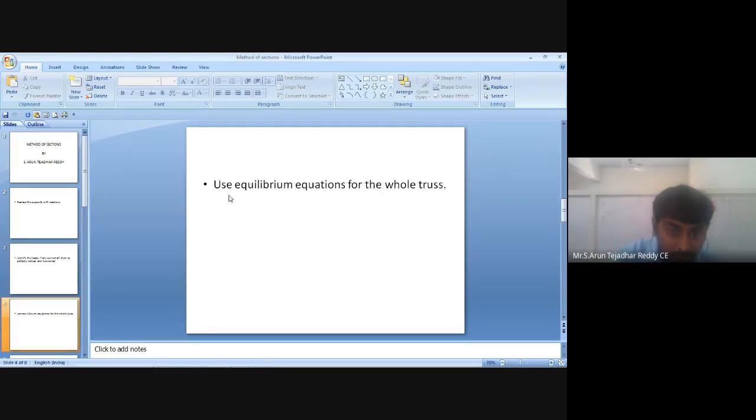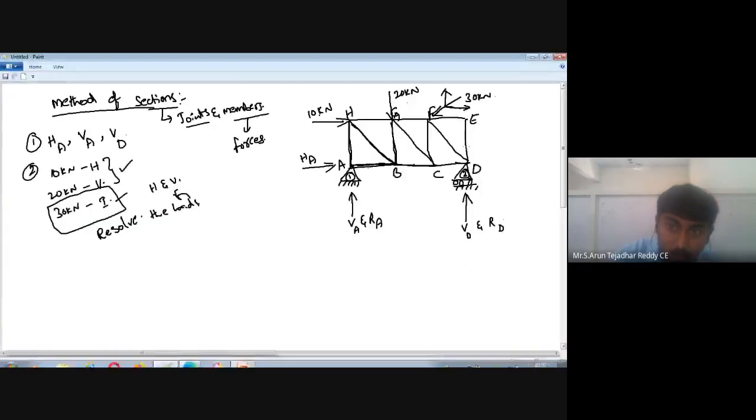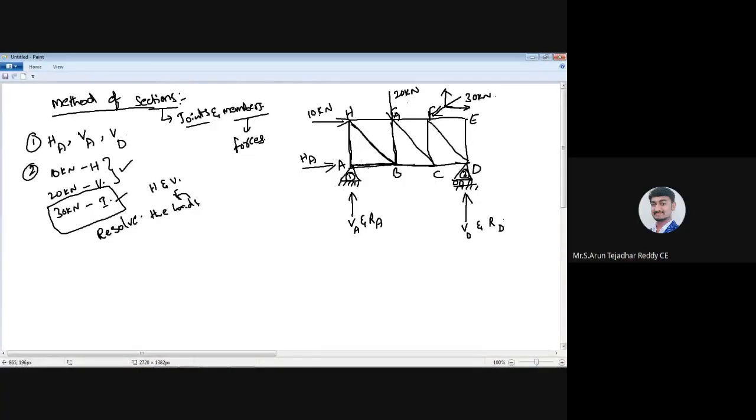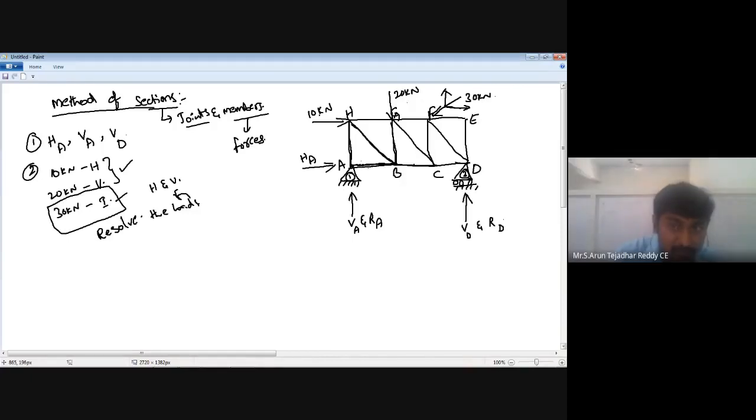Next, use equilibrium equation for the whole truss. See, this is the whole truss. Just now we discussed, we called it a truss. So in this given truss, use equilibrium equation. Already you know how to use the equilibrium equations and what the equilibrium equations are.